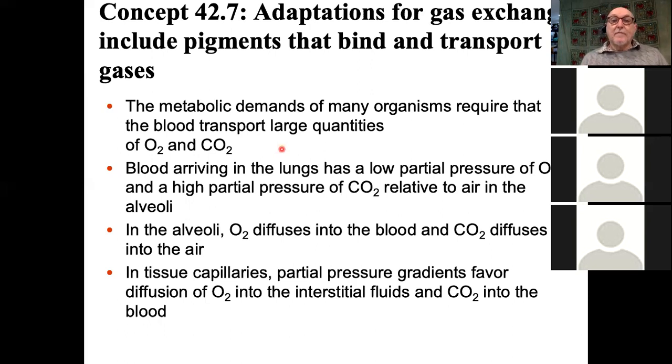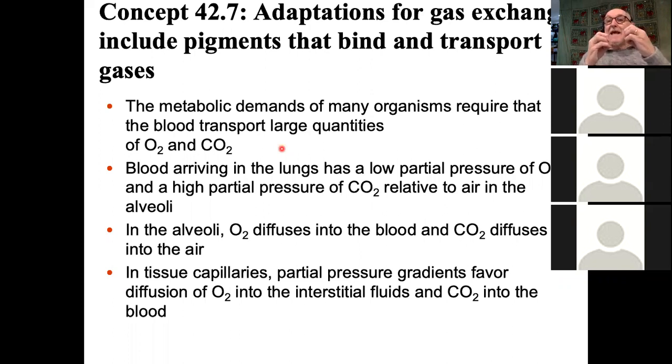And the reason that happens is because of a particular characteristic of hemoglobin, and that is that when it is in a situation where there is very high oxygen levels, it can bind the oxygen efficiently.